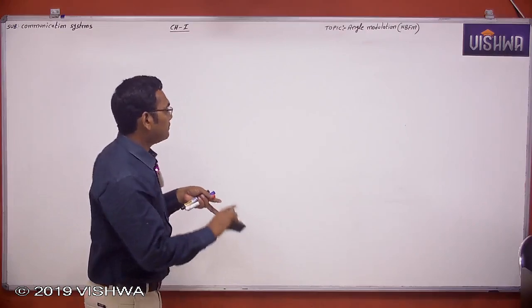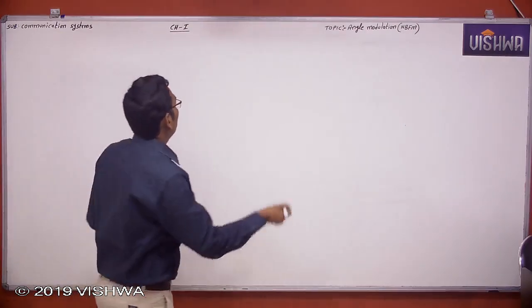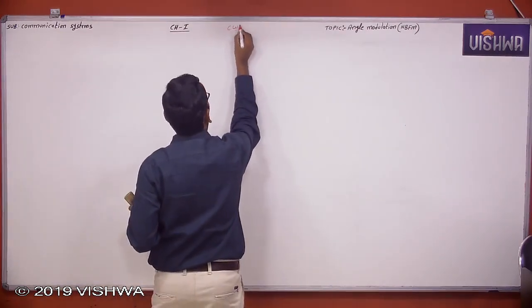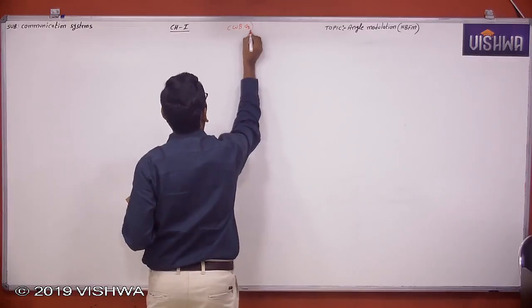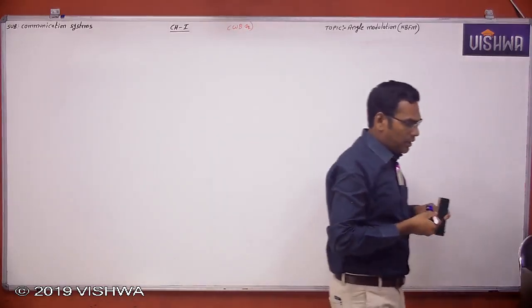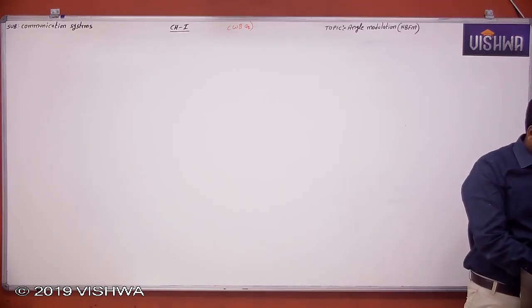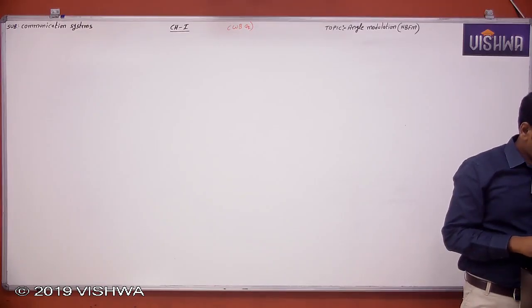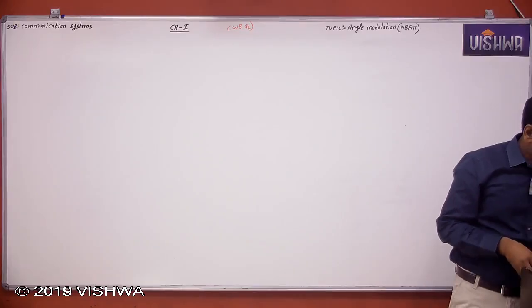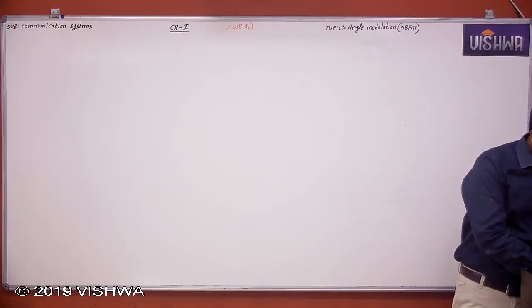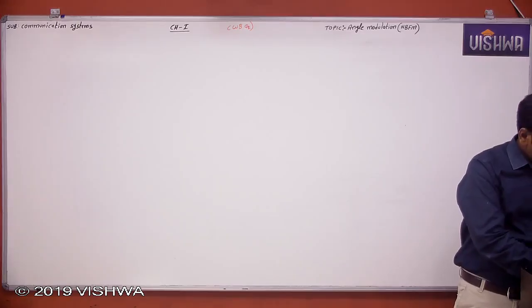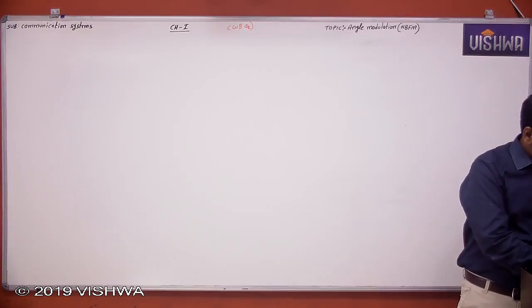Now see here. Classroom workbook question number 2 in angle modulation, narrowband FM. A message signal band limited to 10 kHz is lower sideband SSB modulated with a carrier frequency of 1 MHz.